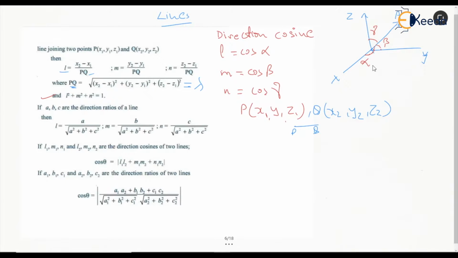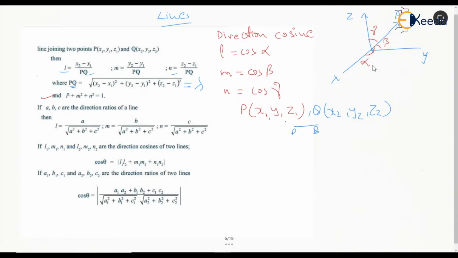So this L is going to be x2 minus x1 by PQ, M is going to be y2 minus y1 by PQ, and N is going to be z2 minus z1 by PQ. Also, the direction ratio for this line is going to be LMN, like we have already said.